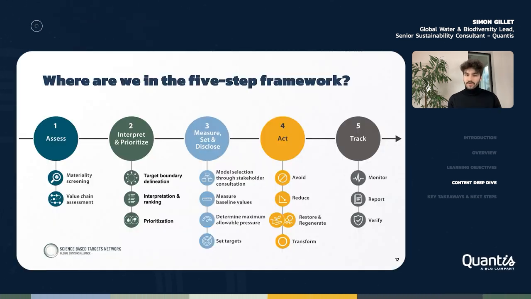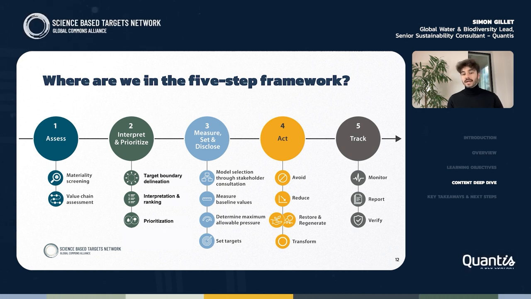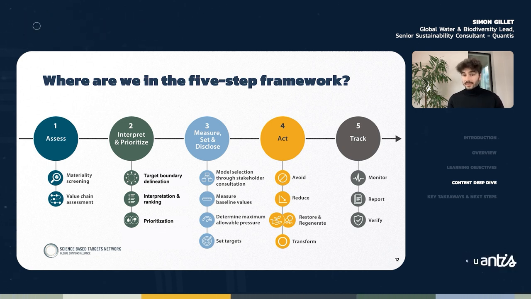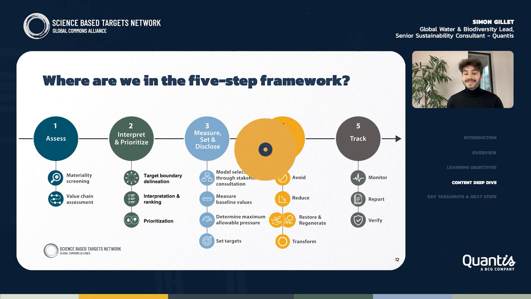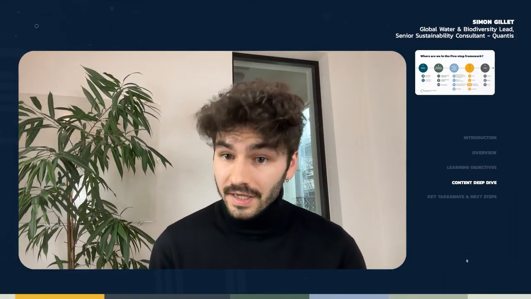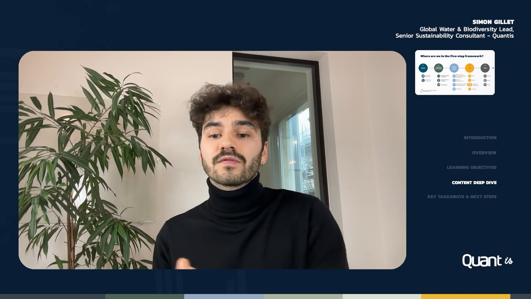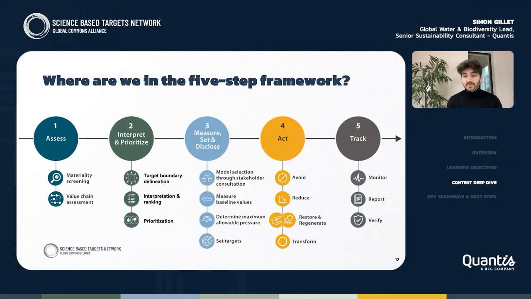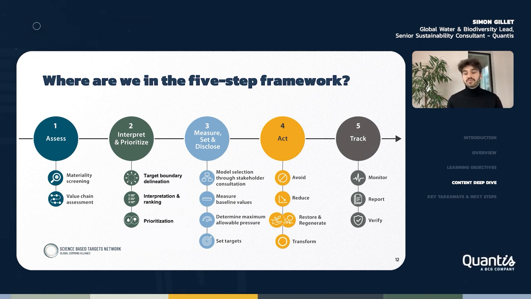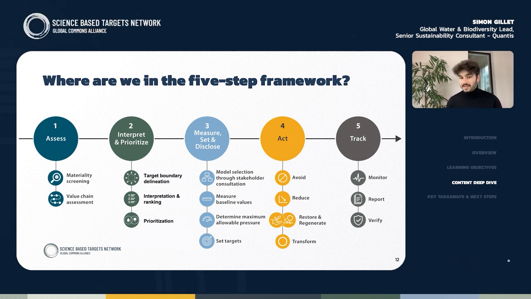So at the core of our tools, methods, and guidance for setting targets, there is a 5-step process that takes a company all the way from assessing the impacts with regards to specific pressures, identifying what parts of the operations and in which location to focus on, to then setting targets, all the way to measuring, reporting, and verifying progress against those targets, which are the last steps.